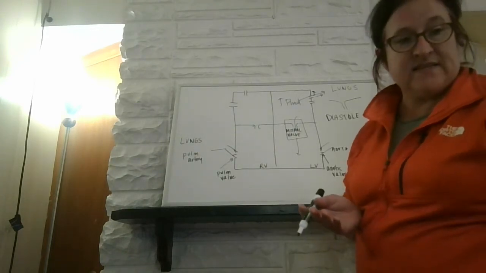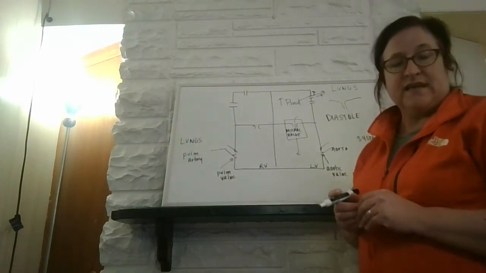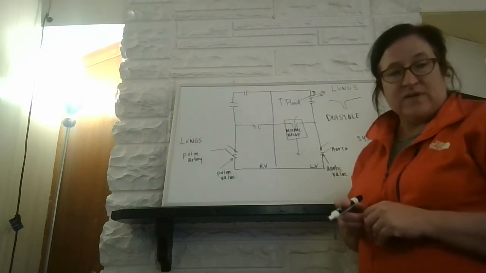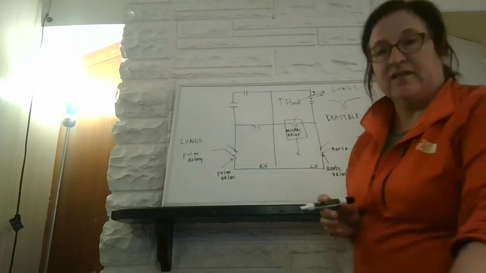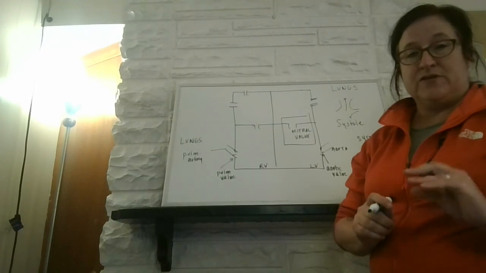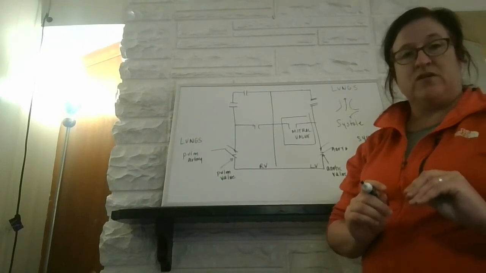So that is mitral valve stenosis. It can be associated with rheumatic fever, and again, with atrial fibrillation. Then there's a really nice picture of what a stenotic mitral valve can look like.